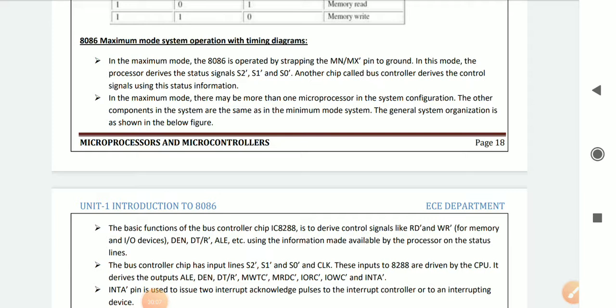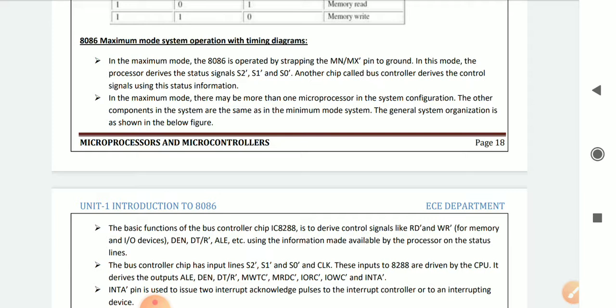Next point, the basic functions of the bus controller chip IC8288. Okay, in minimum mode configuration, the bus controller function is performed by the microprocessor itself, but in maximum mode operation there is another bus control chip, that is IC8288. Okay, so that's why it makes for fast processing.